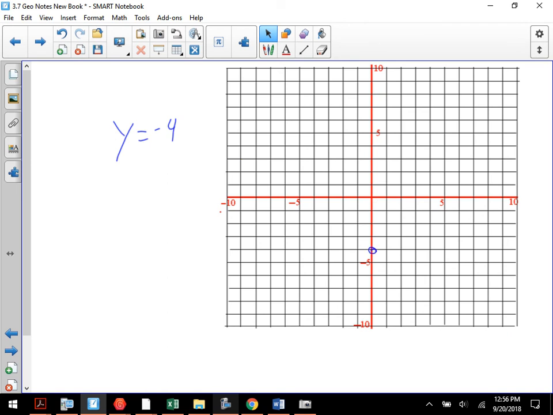Well, here, here, here, here, here, could be over here. You see what I'm getting at? It means that at every point, no matter what x is, y is going to get -4. Think of it that way.